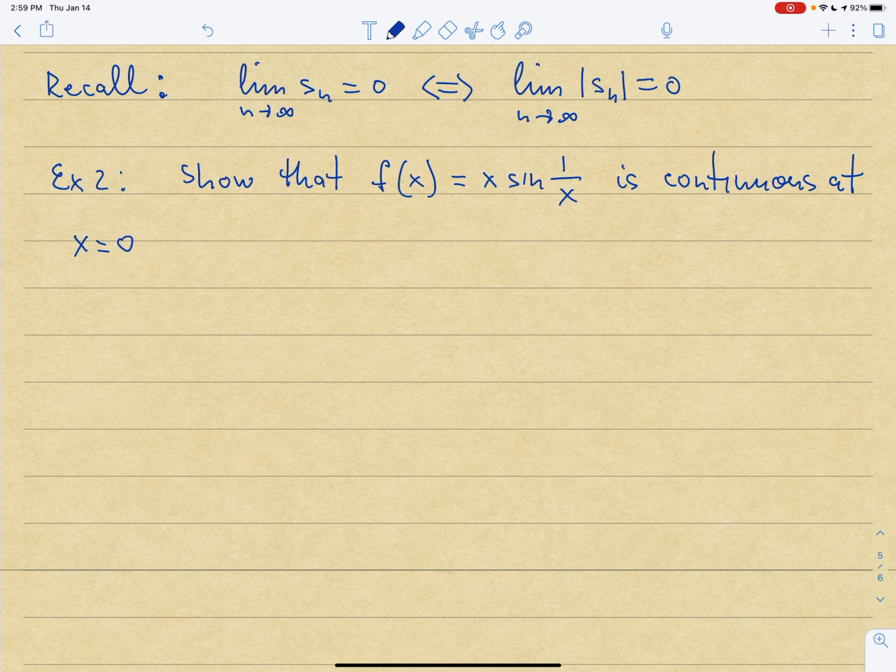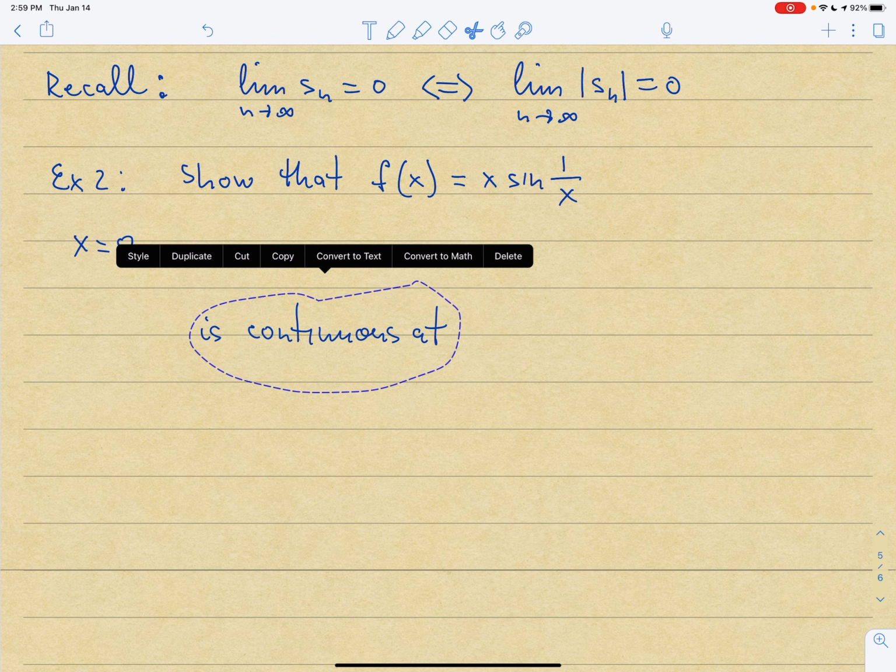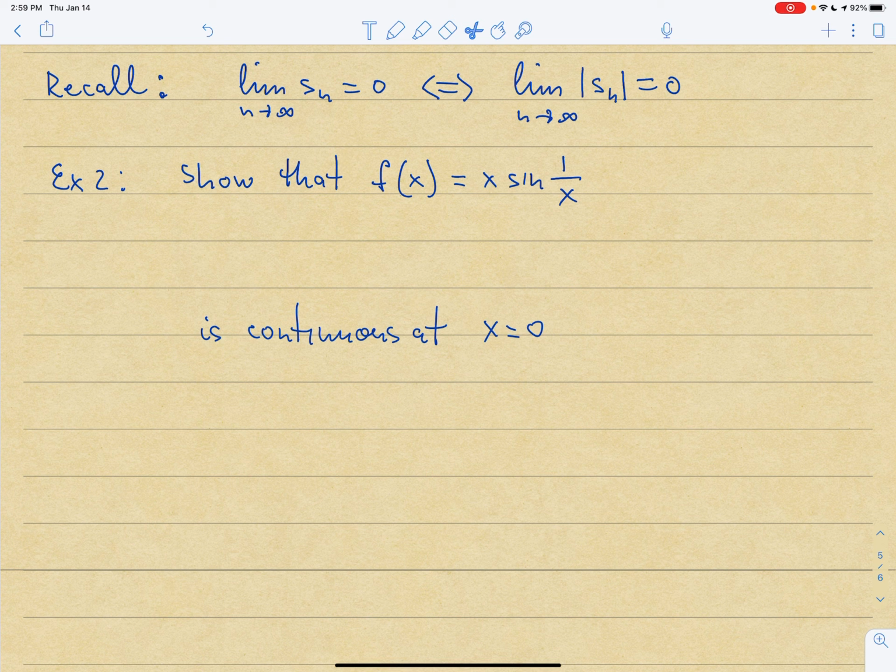Now, clearly, the way I just defined it, this function is not going to work at 0, so I need to modify it a little bit so that it does. What I need to do is define the function at 0 itself, which I'm going to do in the following way.